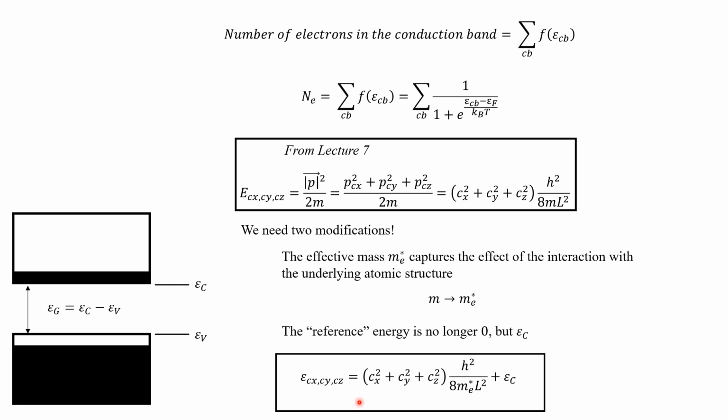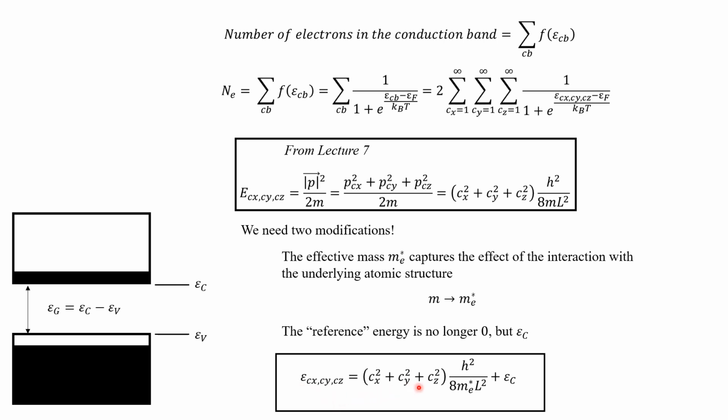So with these two modifications in this expression, we have an expression for the energy of each orbital. So we know that the orbitals will be labeled by Cx, Cy, and Cz, and each orbital, in other words, each specification of these three natural numbers, would have this energy.